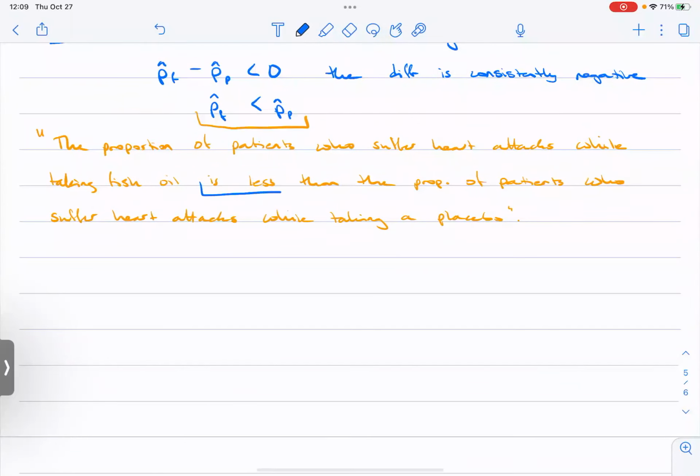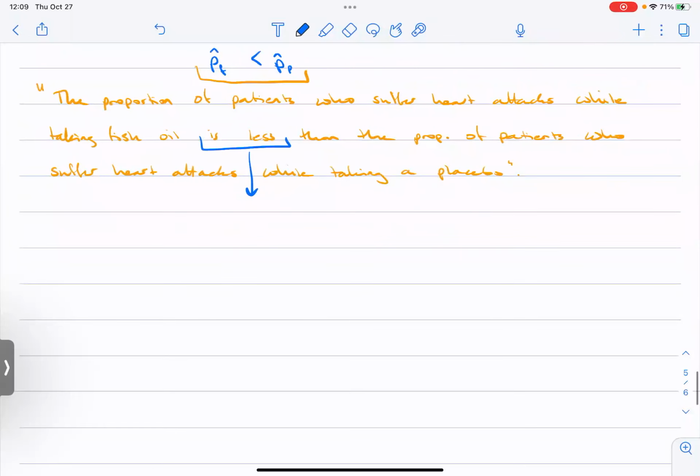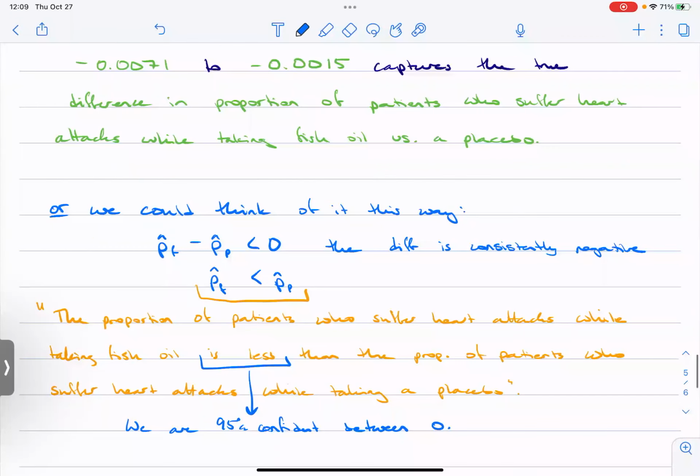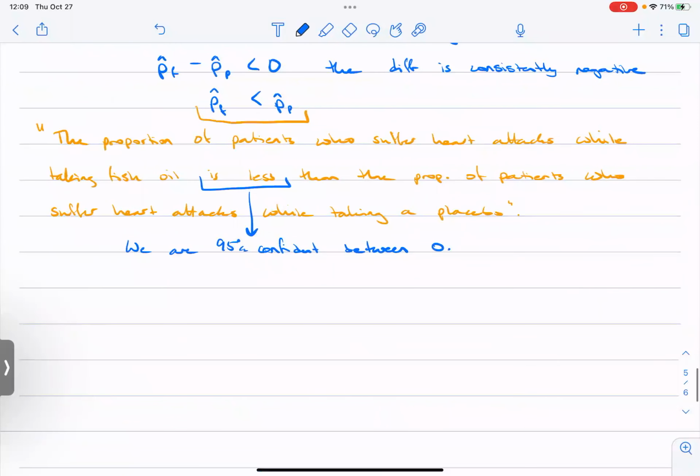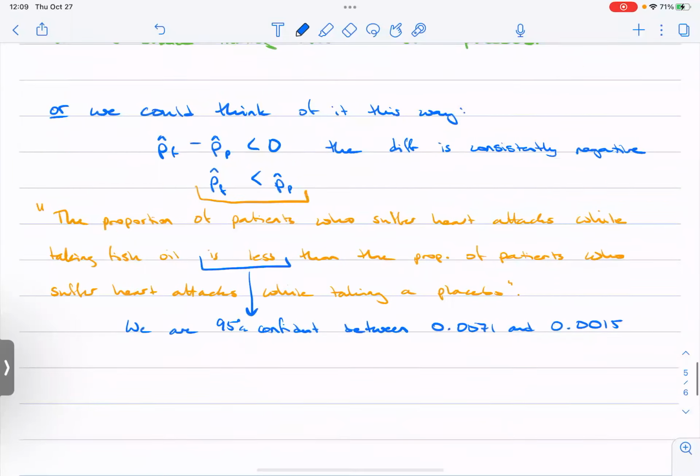How much less is less? We are 95% confident it's between 0.0071 and 0.0015.